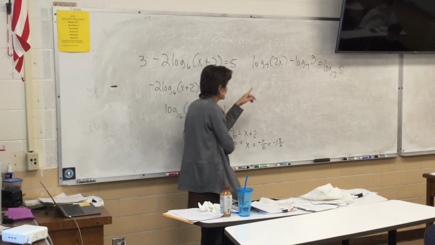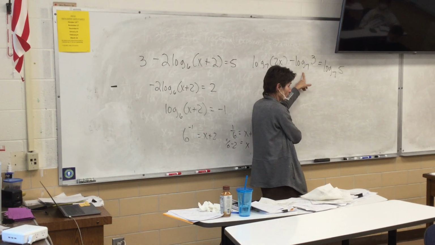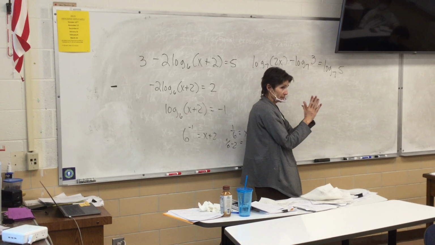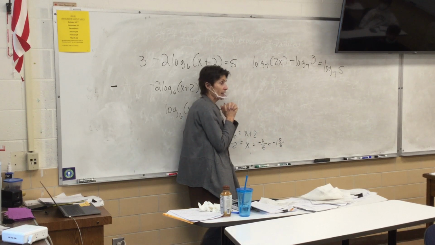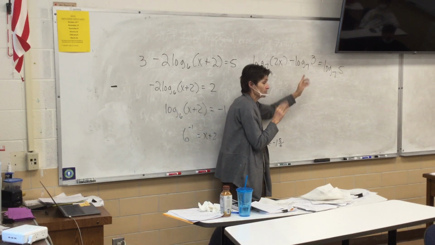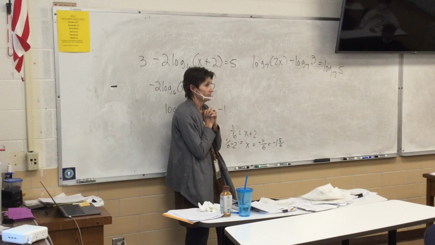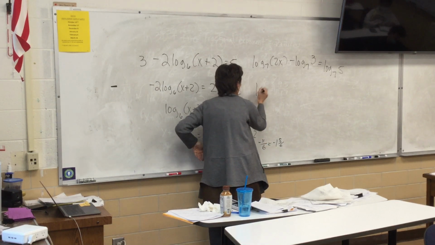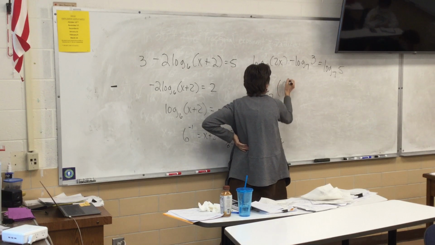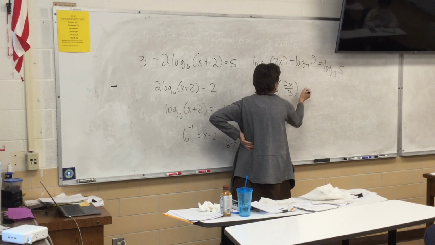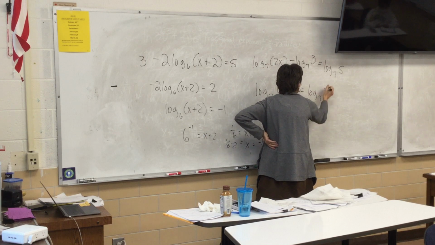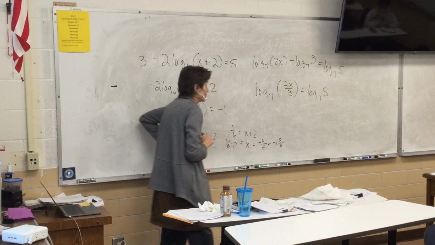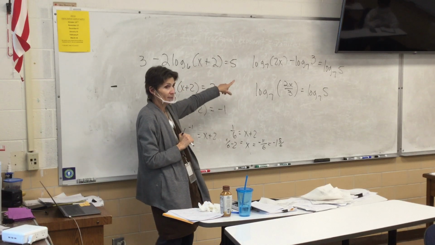When we had two logarithms and we put them together into one. How would these get put together into one? It would go together as a division. So it's going to be the log base 7 of 2x over 3. That one's not involved because it's on the other side of the equation. Does everybody remember that from the beginning of the period?